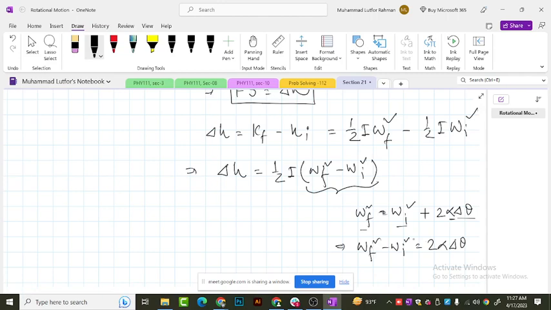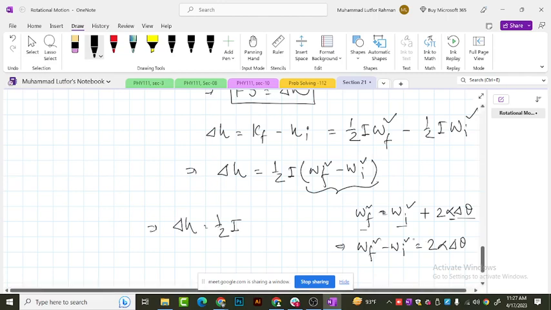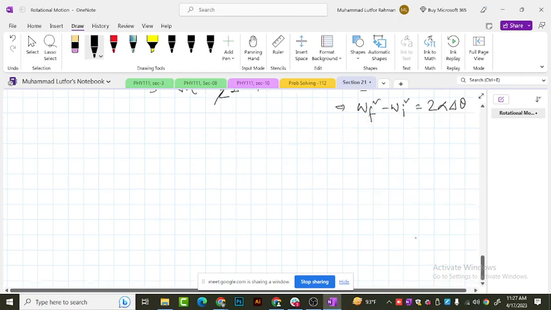Then I'll plug this in over here. So del K is going to be half of I into 2 alpha into del theta, or I can drop this 2 from here. Then del K is simply I alpha into del theta.